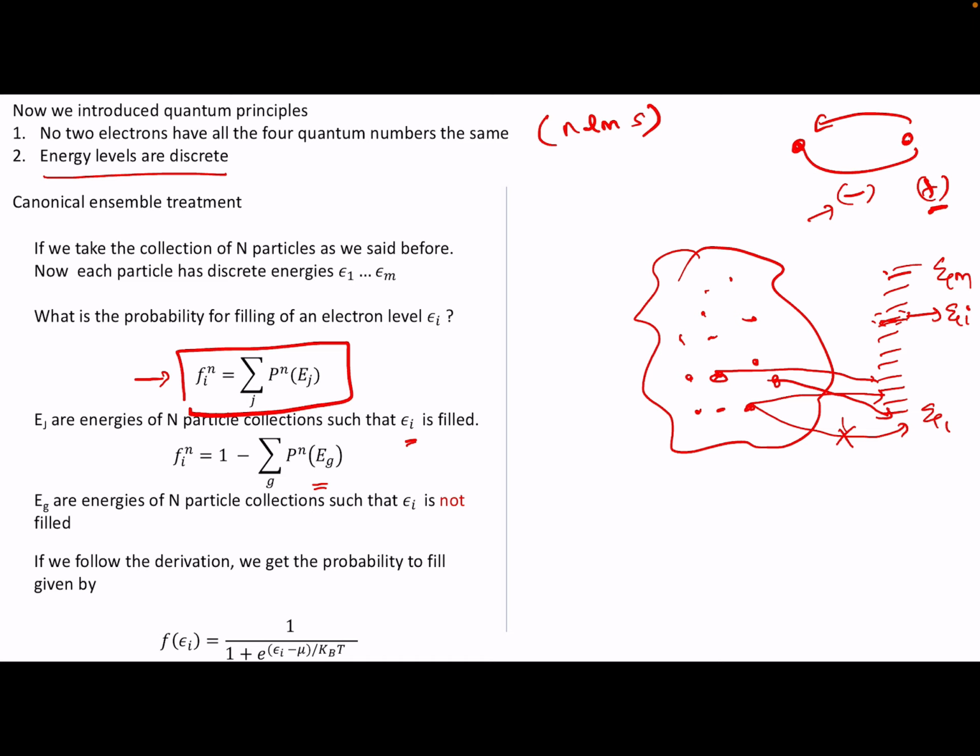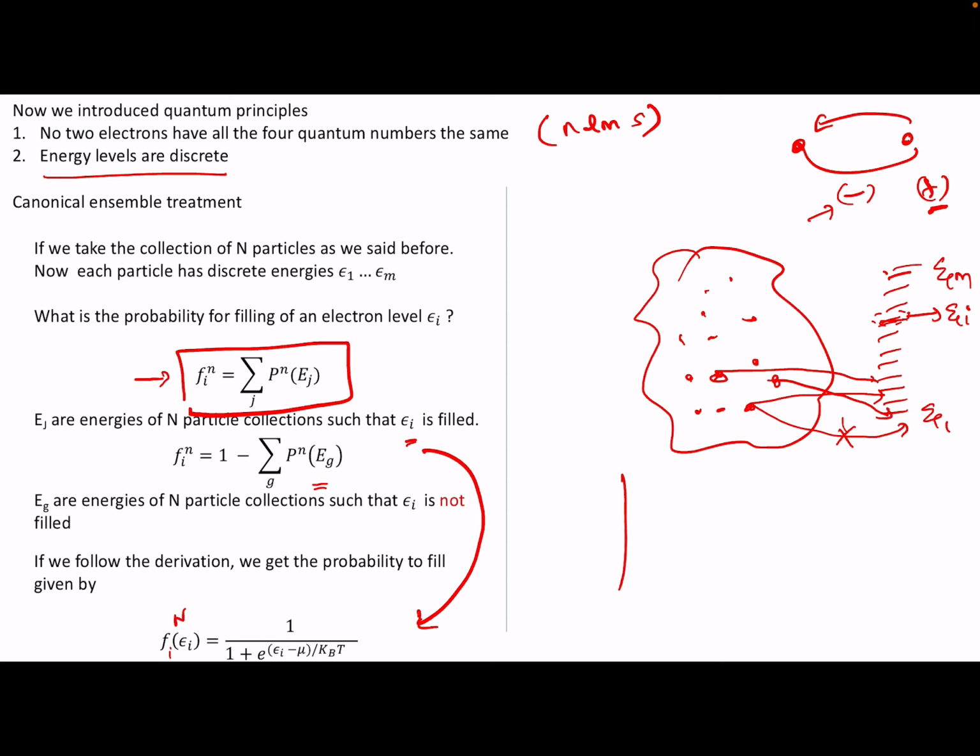I take an n plus 1th electron, assume that energy level is filled, and then take one particular Ei energy level out. If I go through this derivation, I get this function f of Ei. I am writing it as f of Ei because this is the Fermi-Dirac distribution that we know very well.